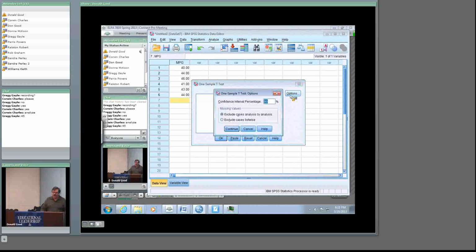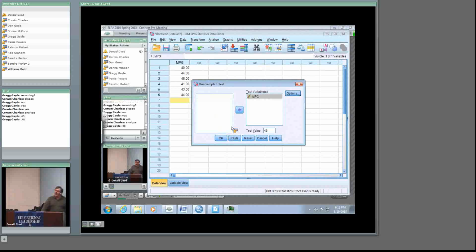So, I do want to change something here. What do I want to change here? I want to make it 99 because I'm testing at the alpha level of 0.01. So a 0.01 alpha level corresponds to a 99% confidence interval. So I did want to change it. Okay. So I'm going to click continue after that.